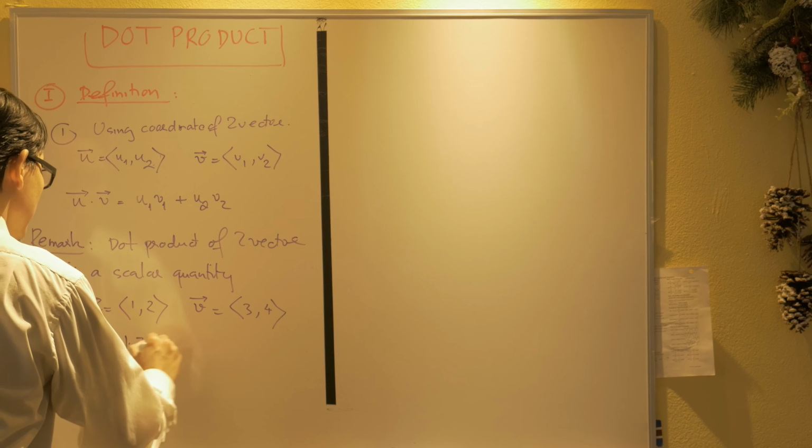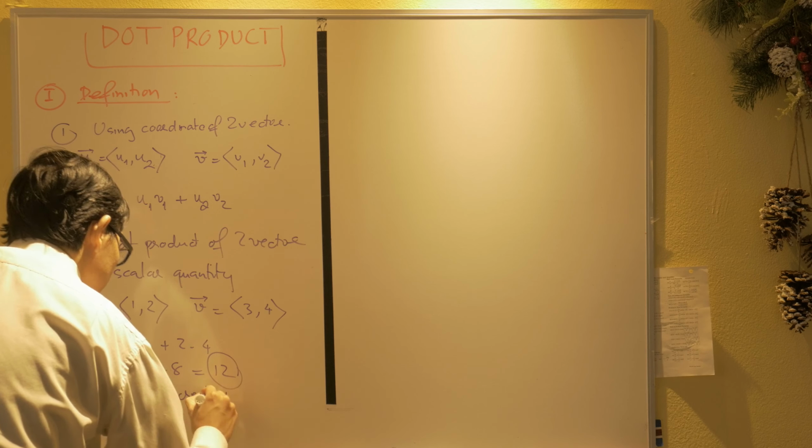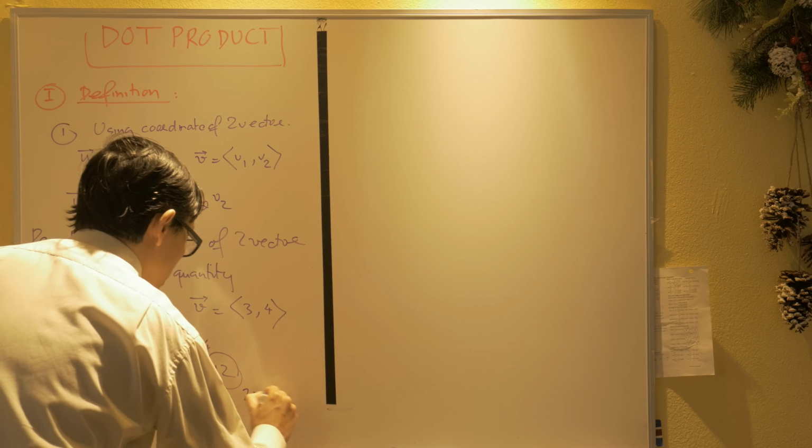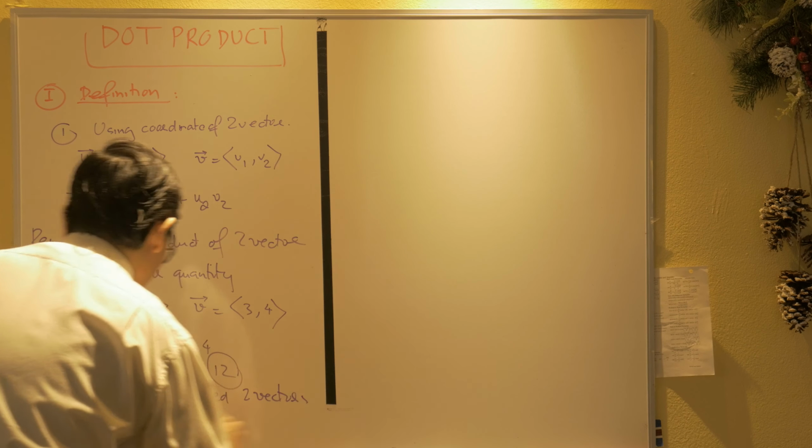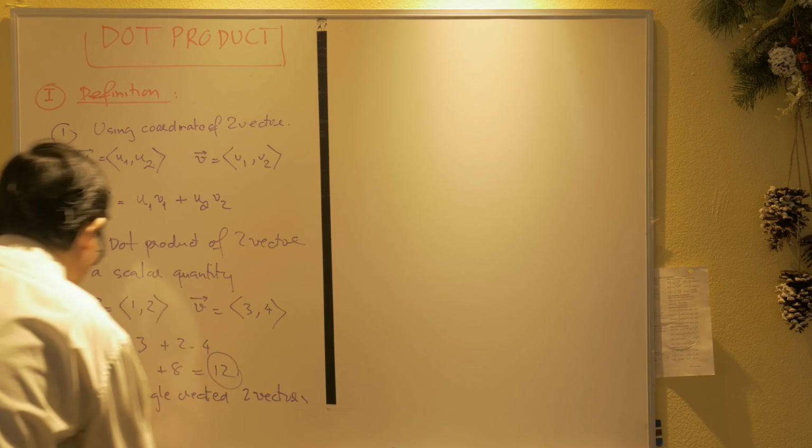A second way of defining the dot product between two vectors is to use the angle created by two vectors, and using the magnitude of those two vectors.